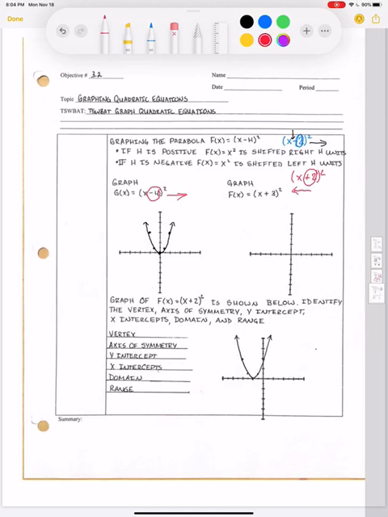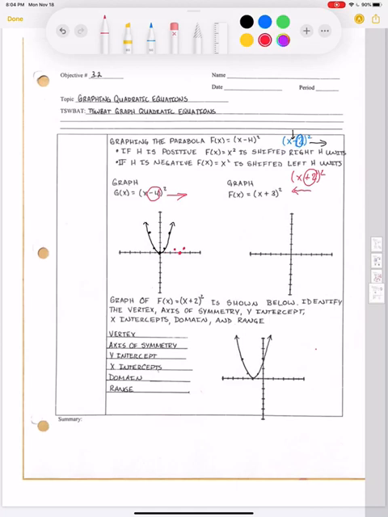I'm going to start with the vertex. The vertex, we already know it's at 0, 0. If I move it 4 units to the right, 1, 2, 3, 4, there's my new vertex. Then I'm going to have a point 1 unit to the left and 1 unit up, and a point 1 unit to the right, 1 unit up.